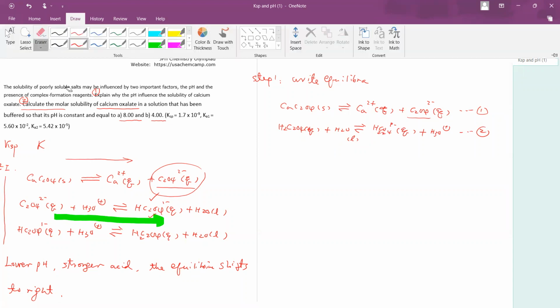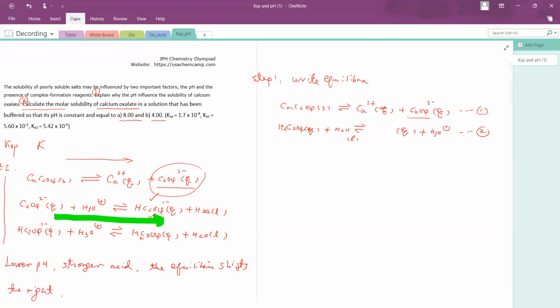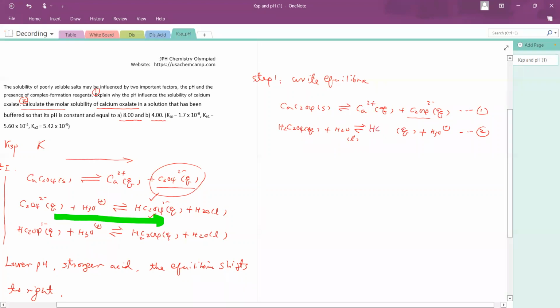Let's erase it and write it better. Hydrogen oxalate will continue to react with water. Equation 3, here it's aqueous.